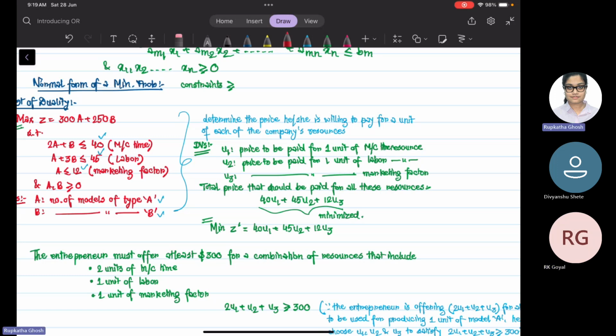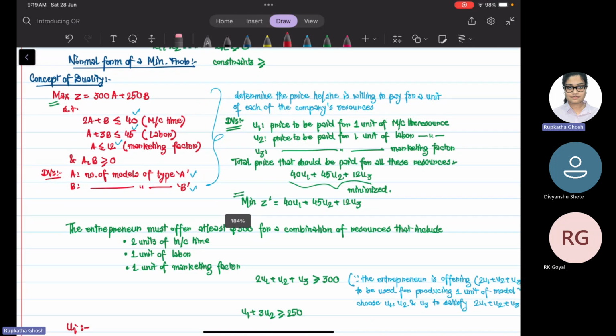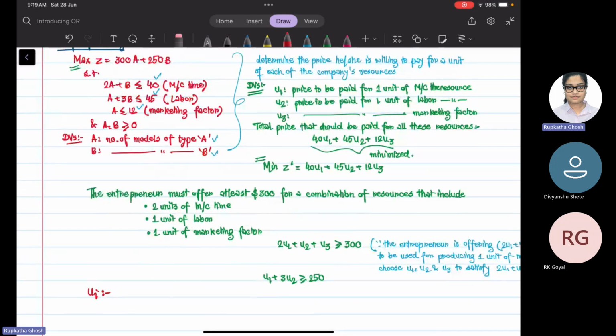I'm saying that there is a terminology in the simplex method which is analogous to this. Can you tell me what is the meaning of reduced cost? I have been teaching sensitivity analysis and the simplex method, so you should know by now.